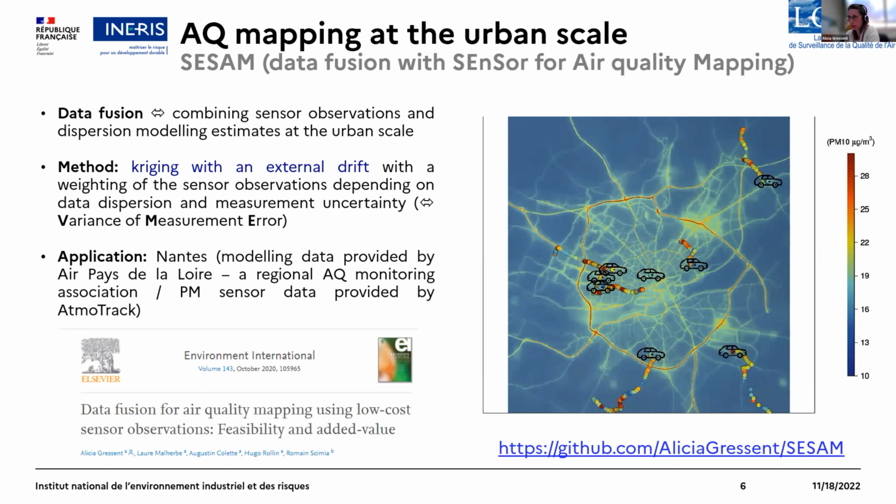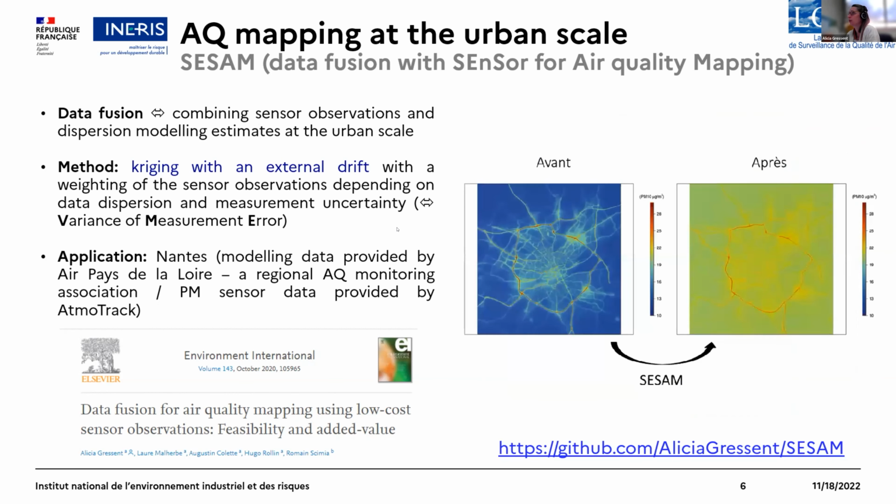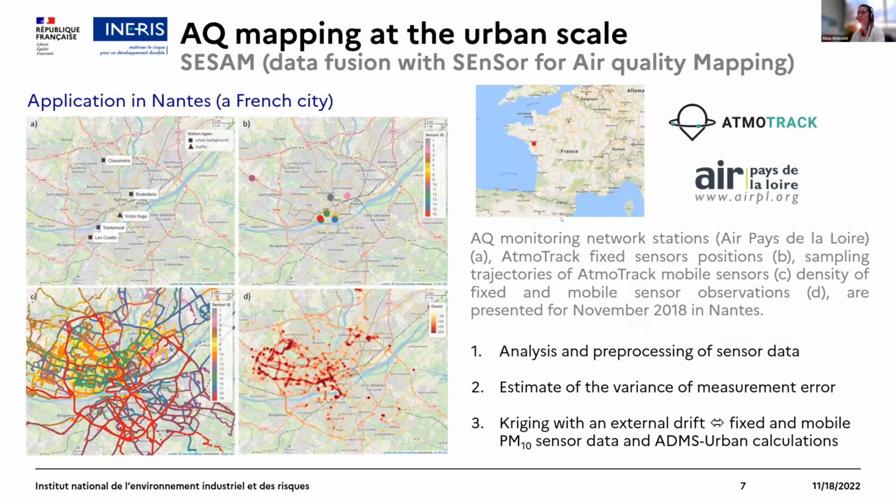We did an application in Nantes, a French city, and we published this work in Environment International two years ago now. I'm going to present this in detail. You can see here the Nantes map with the reference stations of measurements in the upper left panel, and on the upper right panel, the positions of the fixed sensors that we used.